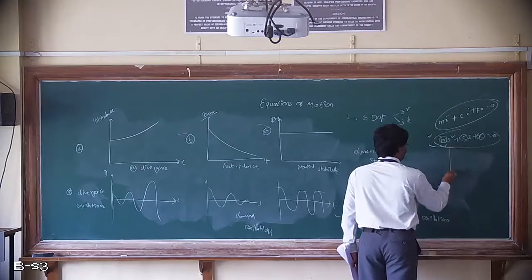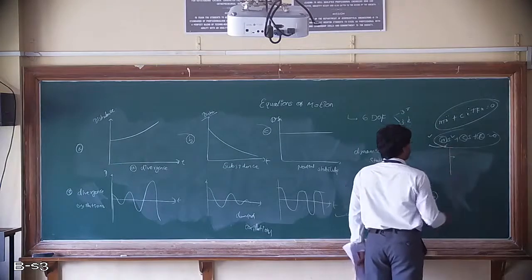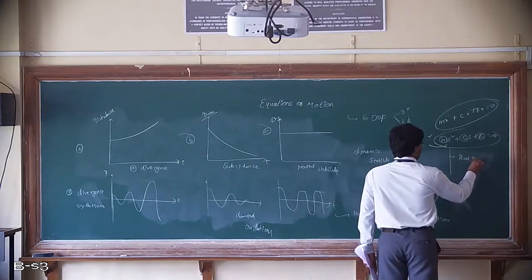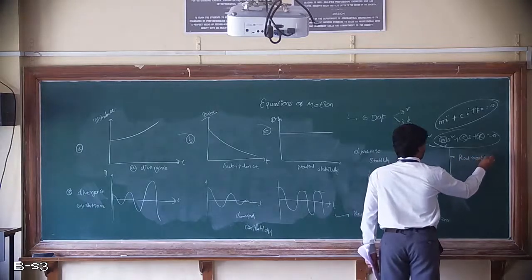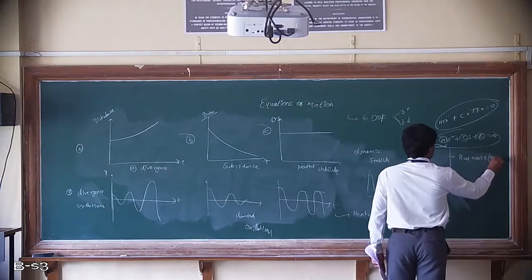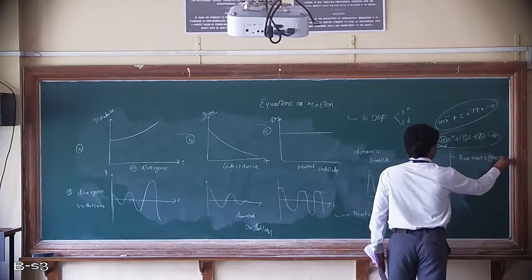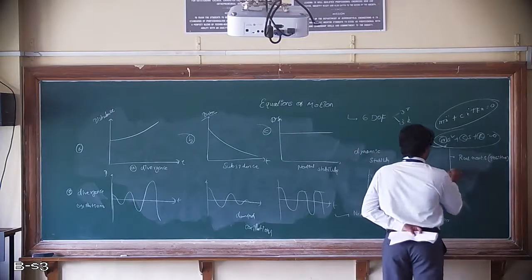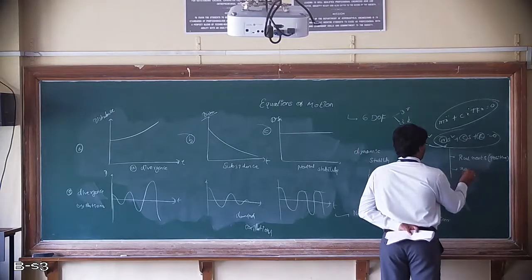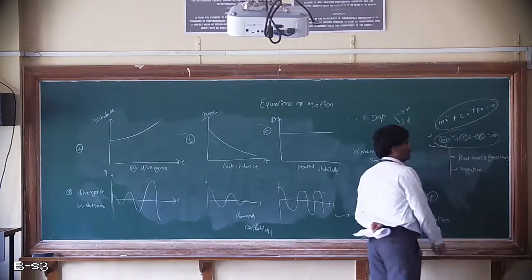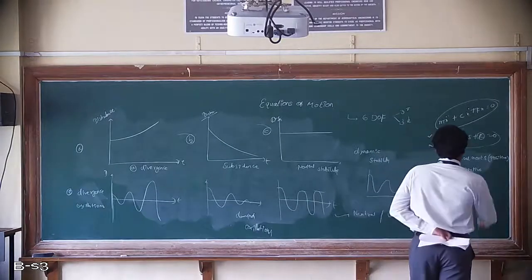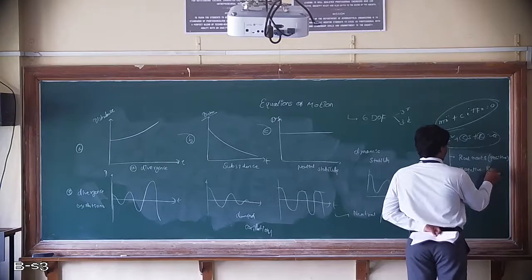Number 1, you will get real roots, that is real positive roots. Next, negative roots, negative real roots.